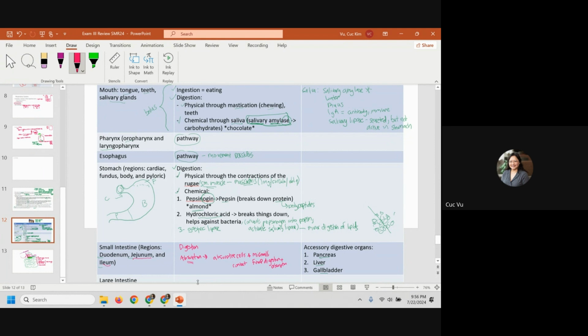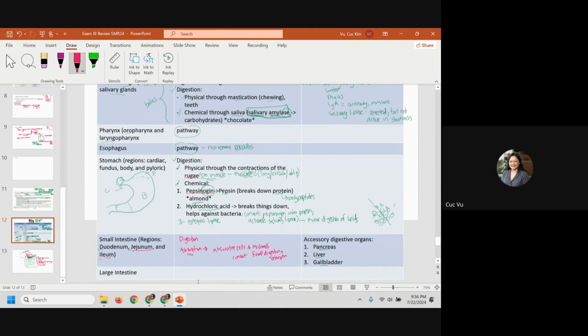All right. Finally, we get to the large intestine. Someone tell me what happens in the large intestine. It's the process of defecation, no? Yep. But before that, what happens here? It has to compact first. And before that, what happens here?